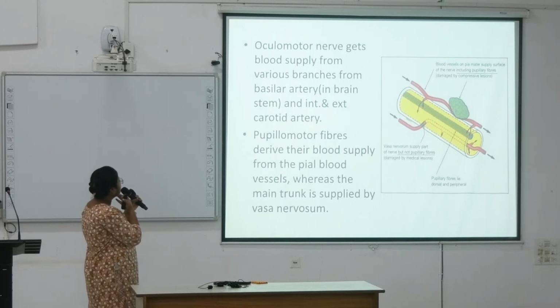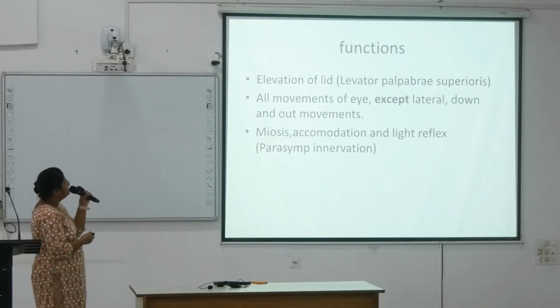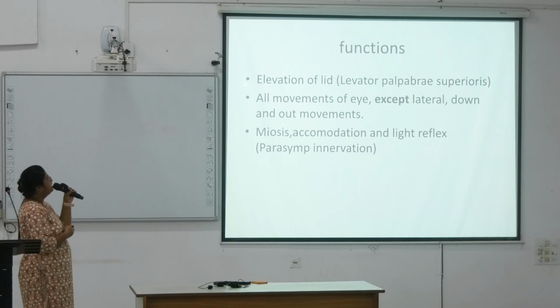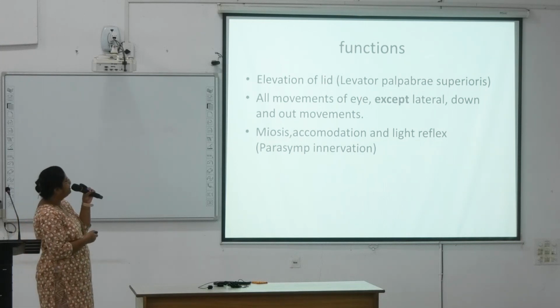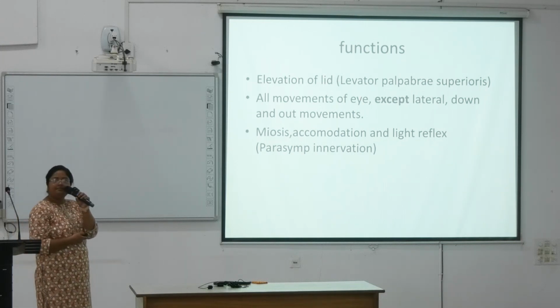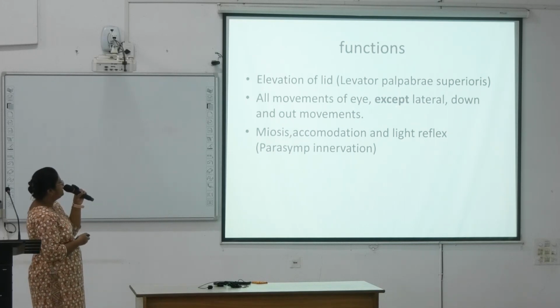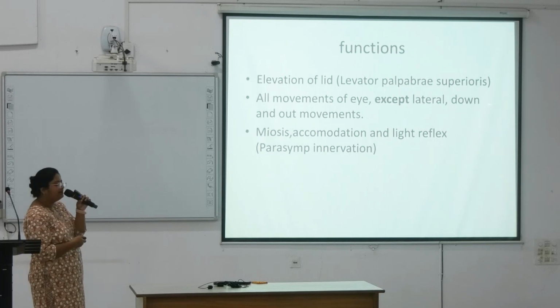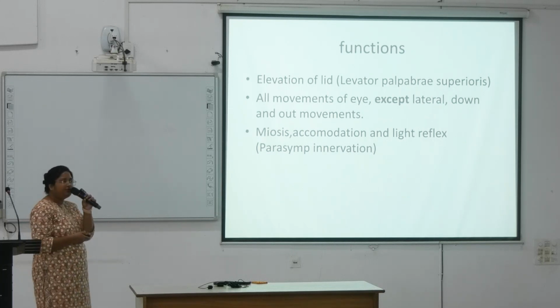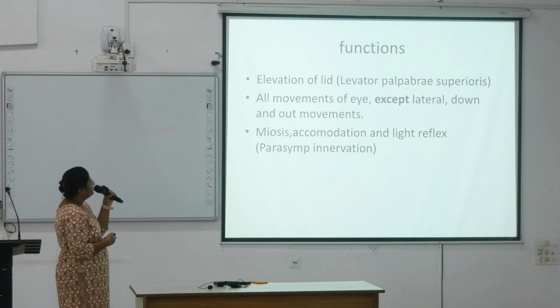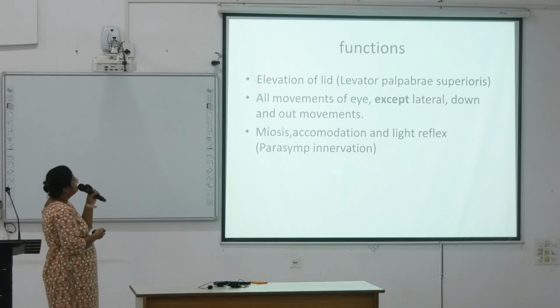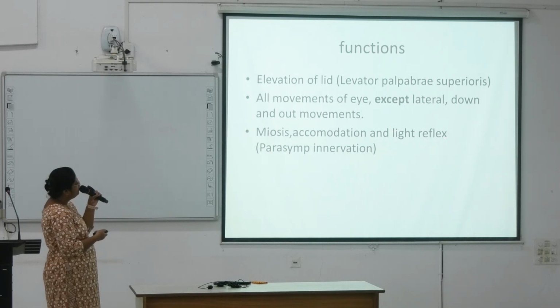Next, what are the functions? It helps in elevation of the upper eyelid, as it supplies the levator palpebrae superioris. All the movements of the eye except lateral, down and outward movement are done by the oculomotor nerve. And in case of paralysis, there will be loss of miosis, accommodation and light reflex.